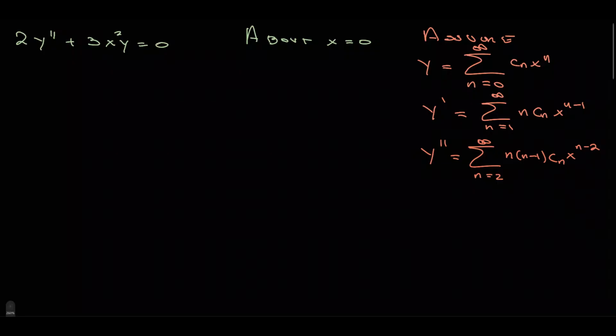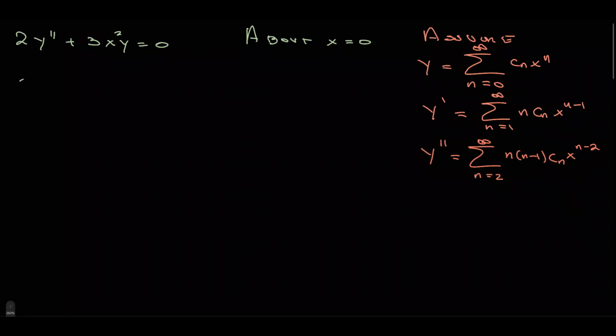Because this is another second order differential equation, we will need to take all the way to the second derivative of this power series, right? So we have them here in the column to the right. Let's go ahead and substitute them into the differential equation.